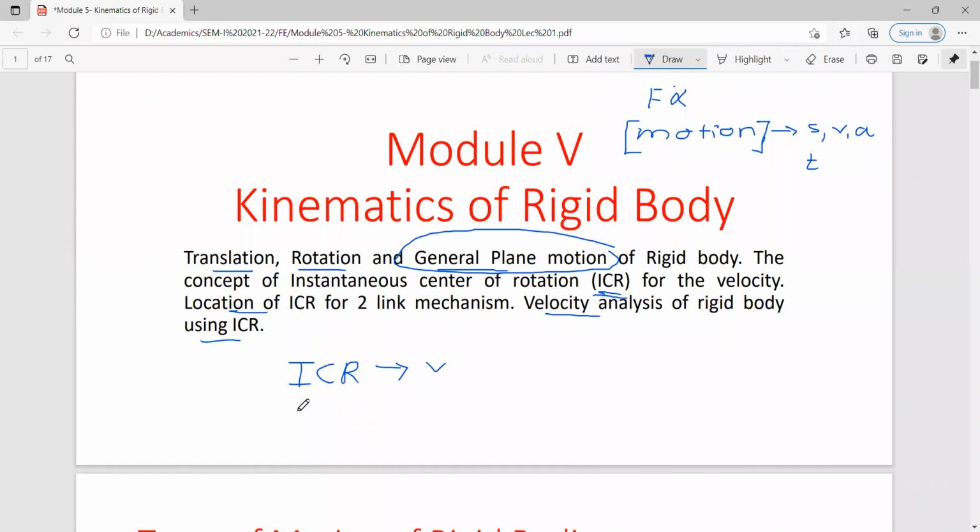So this method, known as the ICR method, is especially useful for velocity analysis of the mechanism. I will tell you what the mechanism is, what are different parts of the mechanism, and how we can study the velocity using this method. So let's proceed further.